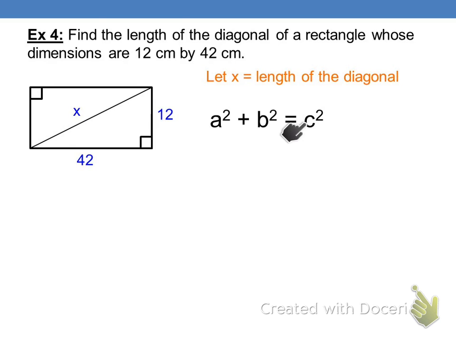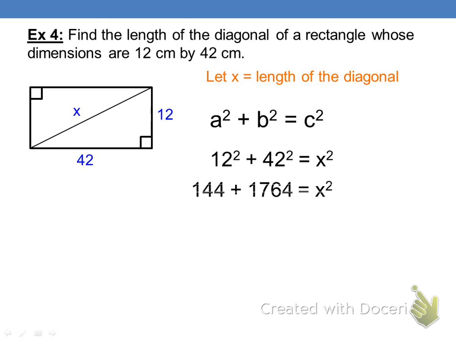Any variable will work. So 12 squared plus 42 squared equals either C squared or X squared, doesn't matter. So that's 144, and 42 squared is 1,764.